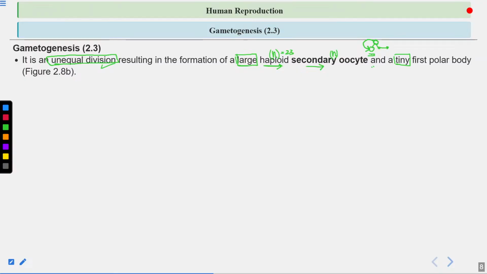And the ovum is also large because it will further lead to the formation of the embryo. So that's why the bulk of the cytoplasm of the primary oocyte is retained in the secondary oocyte, which is this one, and very little cytoplasm is available for the first polar body.